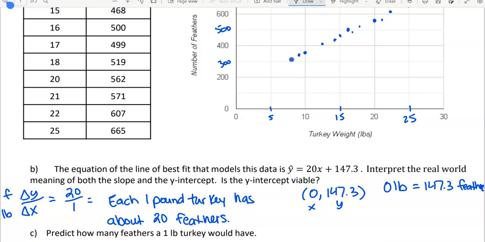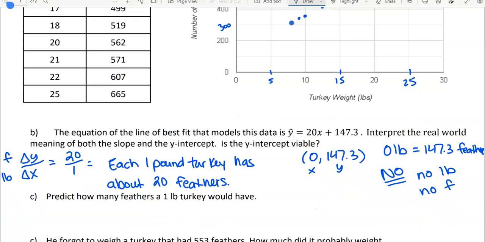Okay, is that viable? No. Because if my turkey doesn't weigh anything, then I don't have a turkey. So if I don't have a turkey, we're not going to have feathers. Okay, so that is not viable. That does not make sense in the real world.